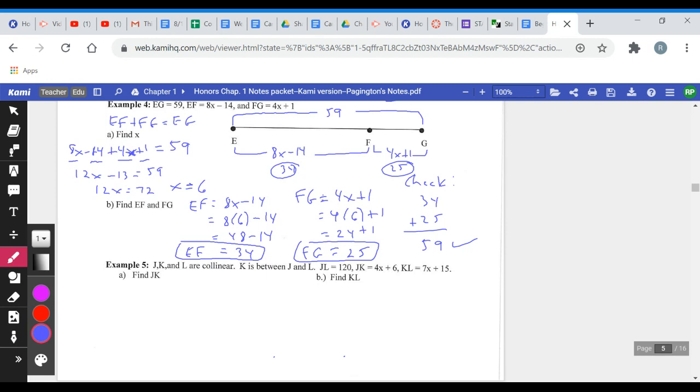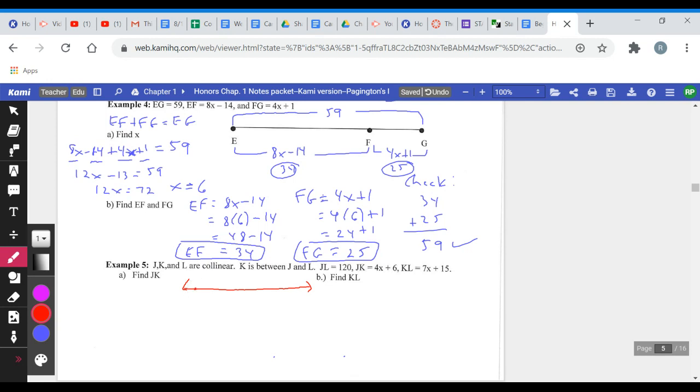So if we go and draw a picture to represent this, I'll switch to a different color this time. I'll do some red. So J, K, and L are collinear. I'm doing a line this time.